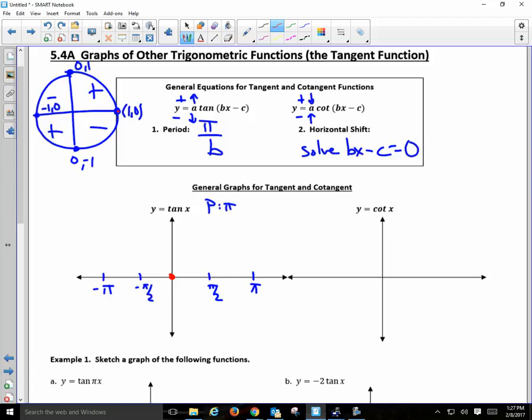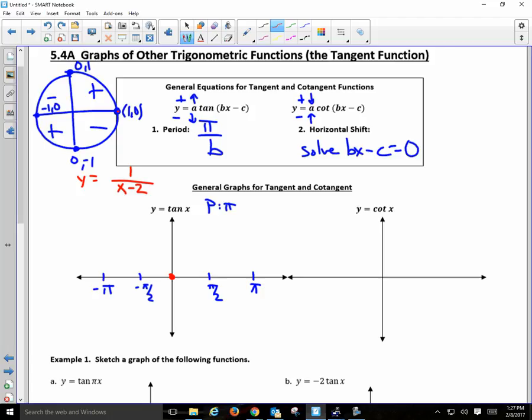Move to pi over 2. 1 divided by 0 is undefined. And we've had that before when we learned to graph rational expressions. Where is that function undefined? At 2. So we had a vertical asymptote that went through 2.